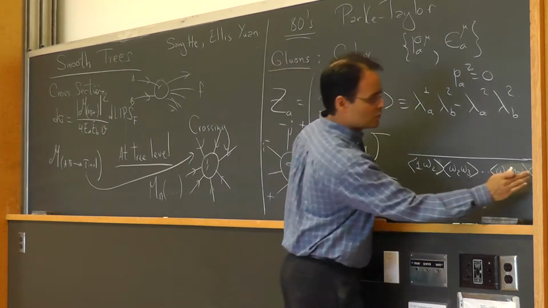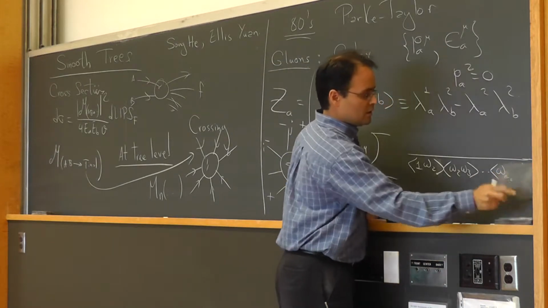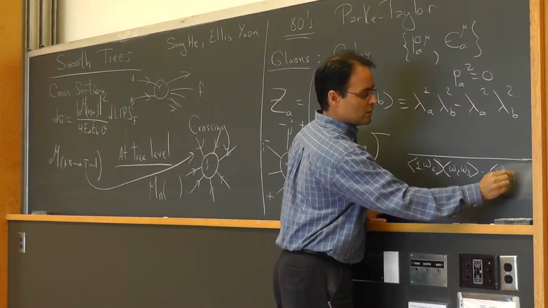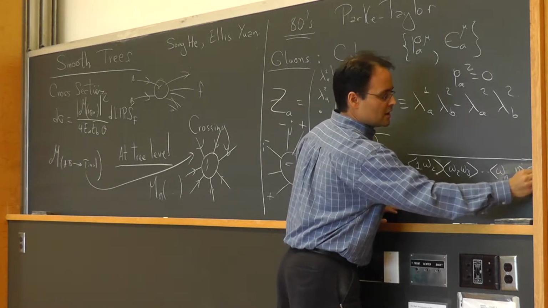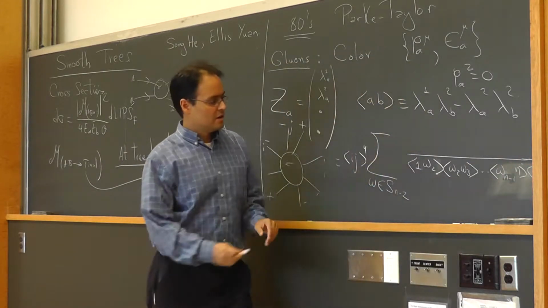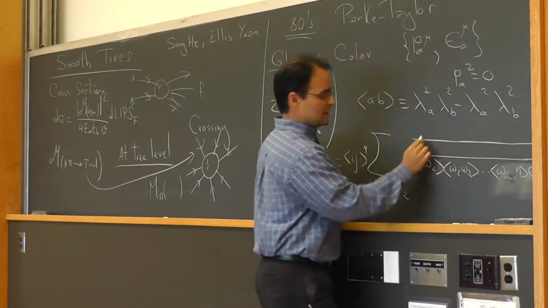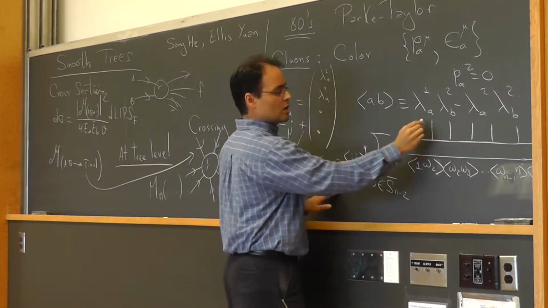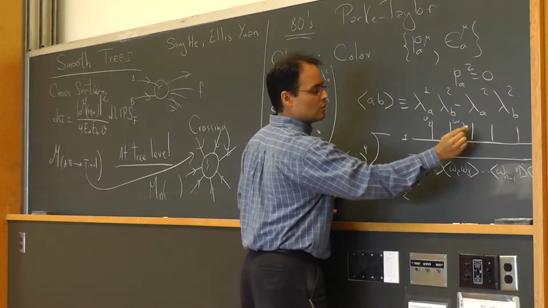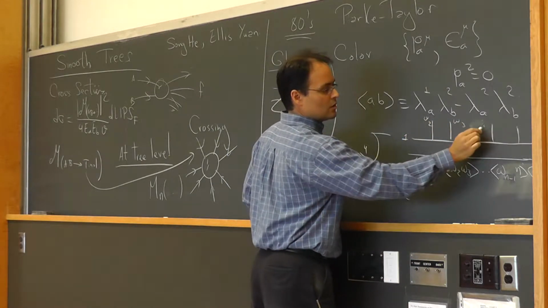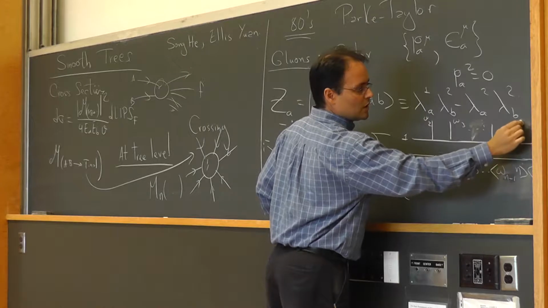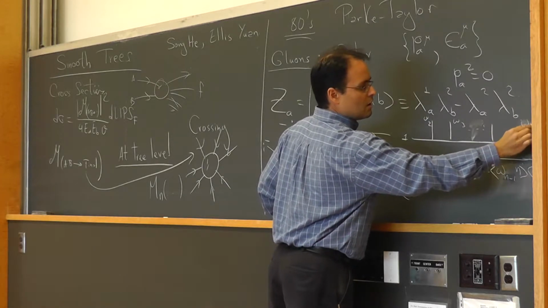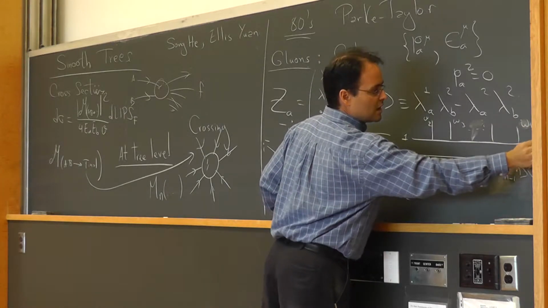I said n minus 2, so I should actually add the other 2. So I can go to n minus 1, and n, 1. And here, in the numerator, there is a little factor that I'm going to draw like this, which is 1, omega 2, omega 3, and so on, up to omega n minus 1 and n.